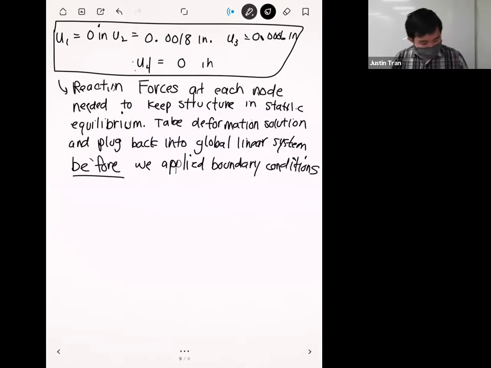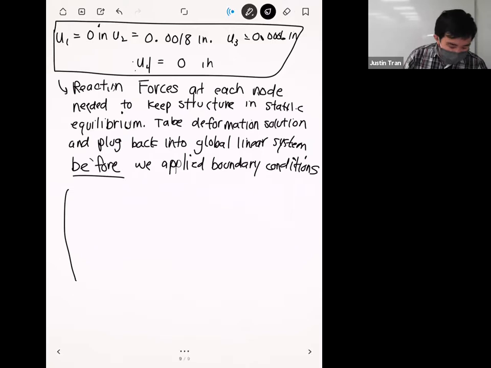If you look back in the notes, before we apply the boundary conditions, our global linear system looked like this.